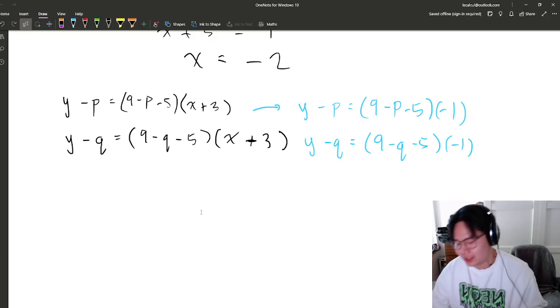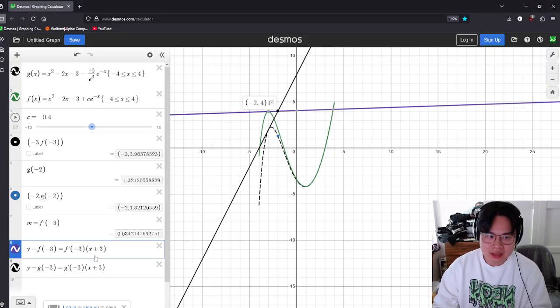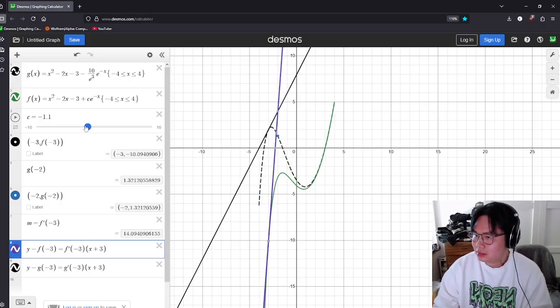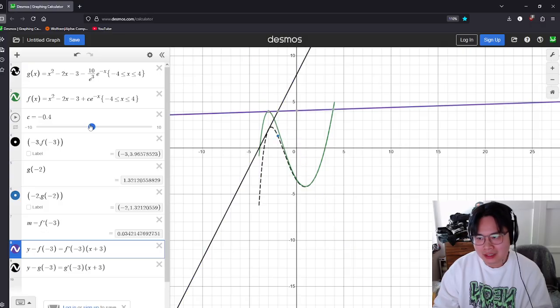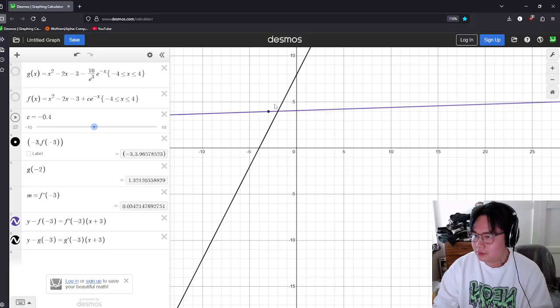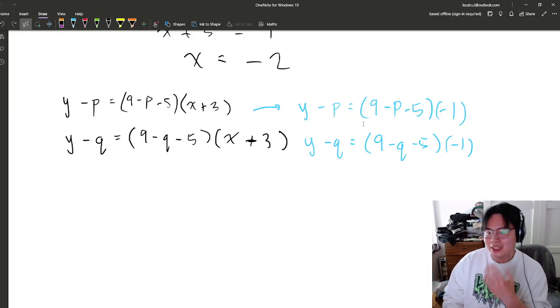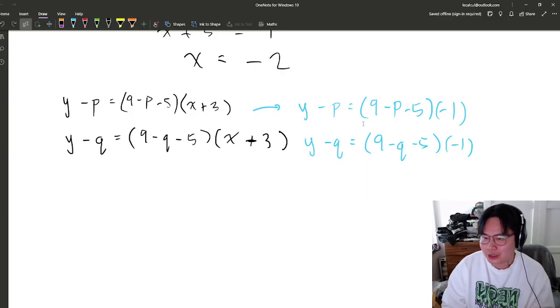I'm trying to do this algebraically. I mean, I know what the actual coordinate is right here because I used this. I mean, that's also, I guess, a valid way to do it, is to graph the derivatives, the tangent lines of two of them, and then just find their line of intersection at 4. I'm trying to do it algebraically. I don't know if I really want to at this point in time, because this video is like 2.5 hours long.